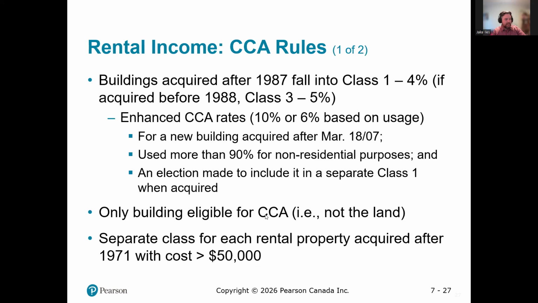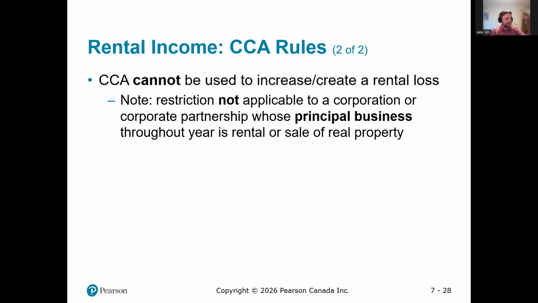Only the building is eligible for CCA, not the land, and a separate class for each rental property acquired after 1971 with a cost greater than 50,000. Almost all buildings these days are more than 50,000. So in this day and age, you will always have each rental property's building in its own CCA class.